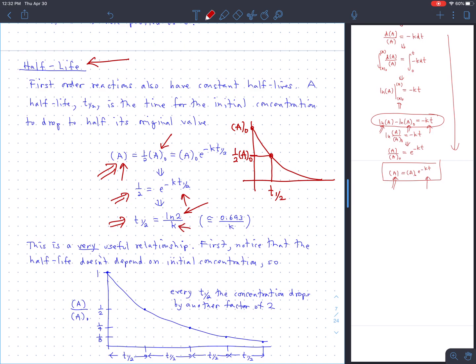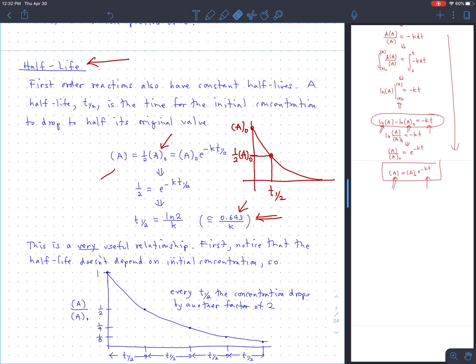Lots of implications follow from that relationship. It is oftentimes convenient to actually evaluate this logarithm of 2. It's about 0.693, at least to 3 decimal places, that's correct. And so 0.693 over k is a good approximation anyway for the half-life of a first-order reaction.